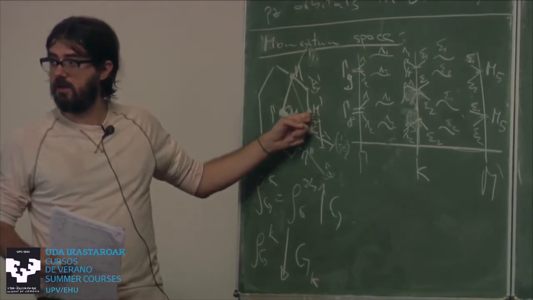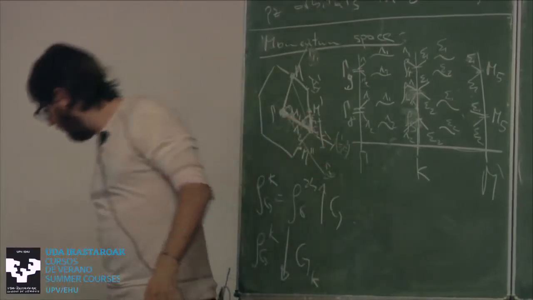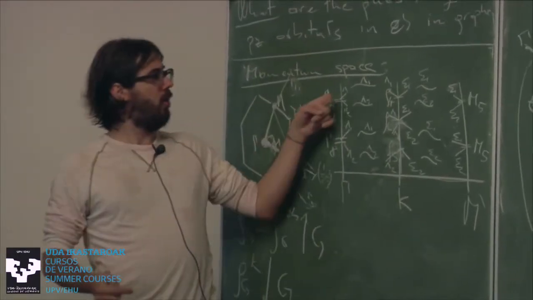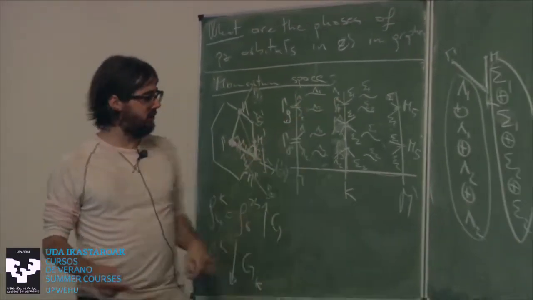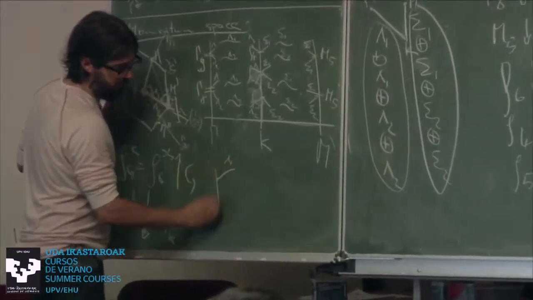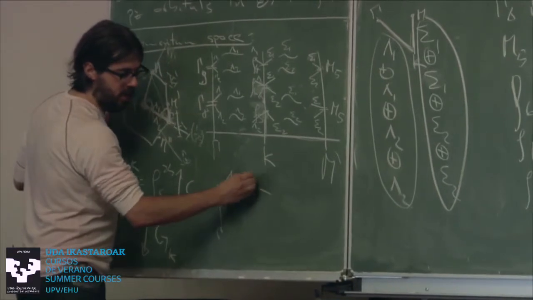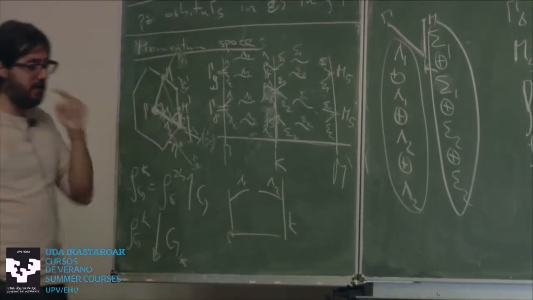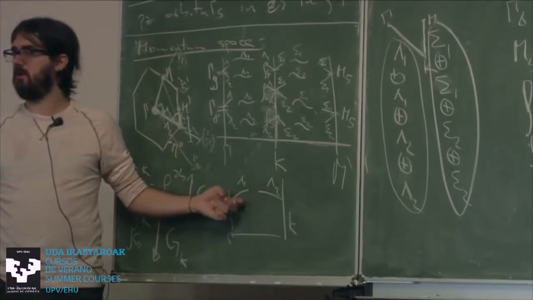Yeah? So now all you need to realize is that bands in the Brillouin zone can connect only if they have the same representation. So in other words, lambda 1 coming from gamma cannot connect with lambda 2 coming from K along the gamma-K line, because they're different representations.